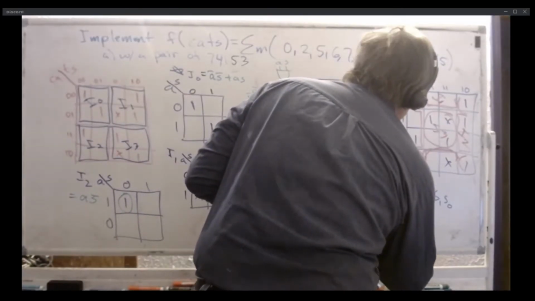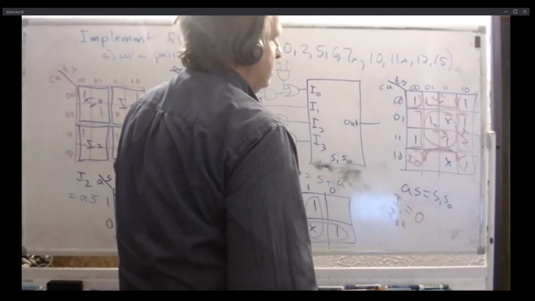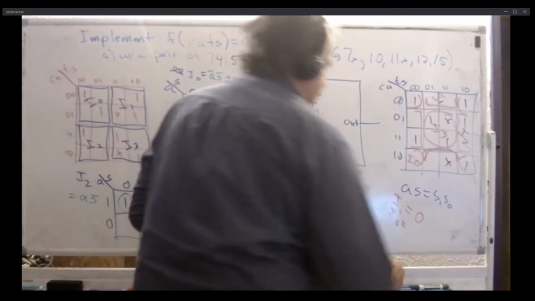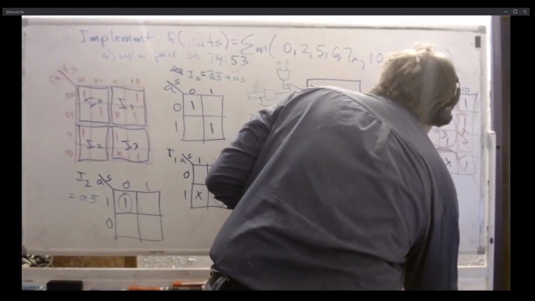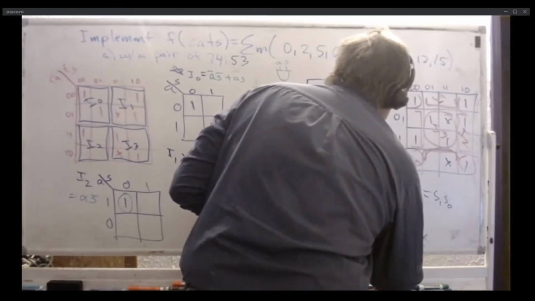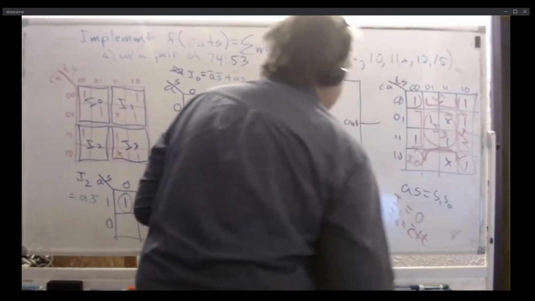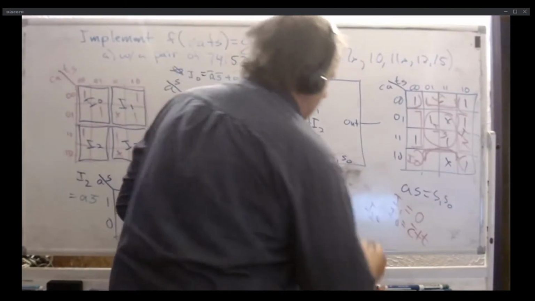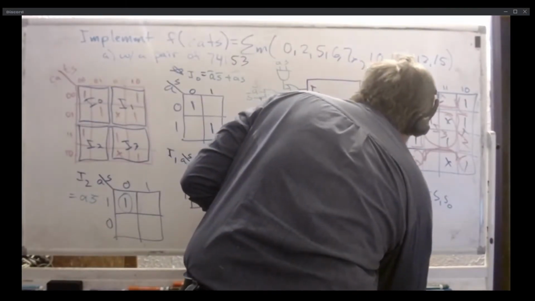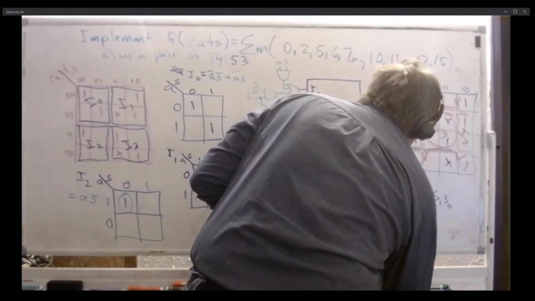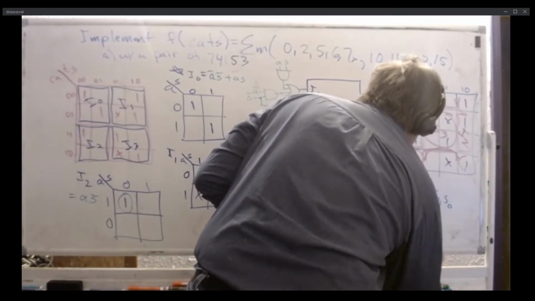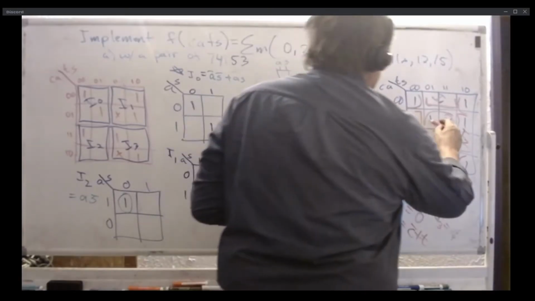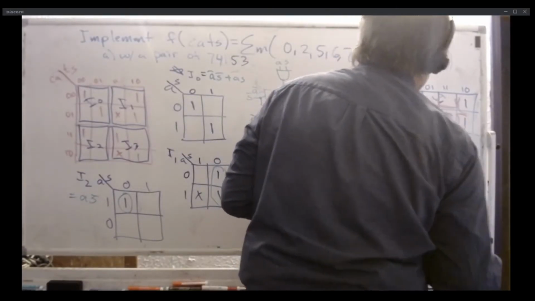If you're interested, I0 would be C' ORed with T. I2 is nasty. It's C T' ORed with C' T. I3 is just an OR gate, right, guys?